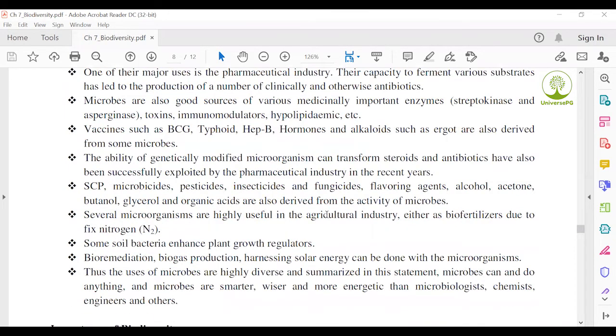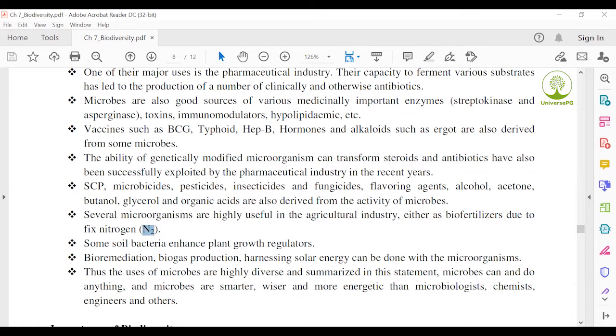Next, SCP, single cell protein, microbicides, pesticides, insecticides, fungicides, flavoring agents, alcohol, acetone, butanol, glycerol, and organic acids are derived from the activity of different types of microorganisms. Some microorganisms fix biological nitrogen in the plants.